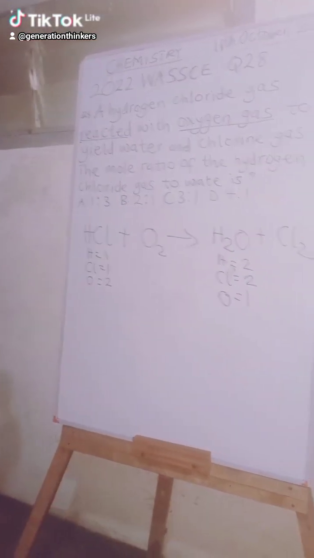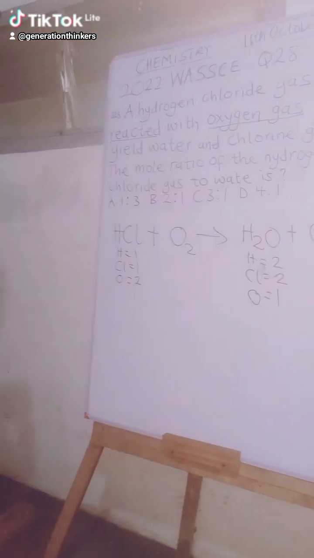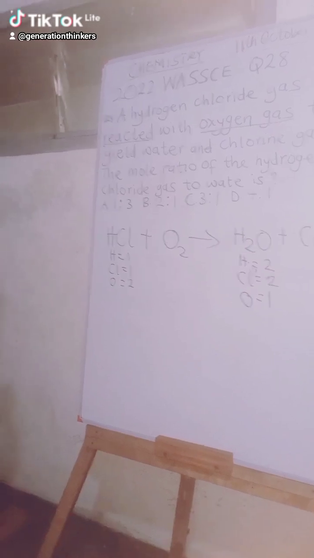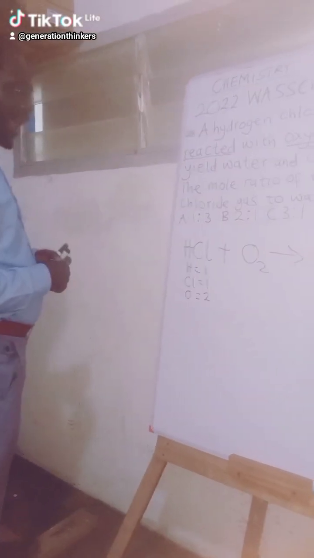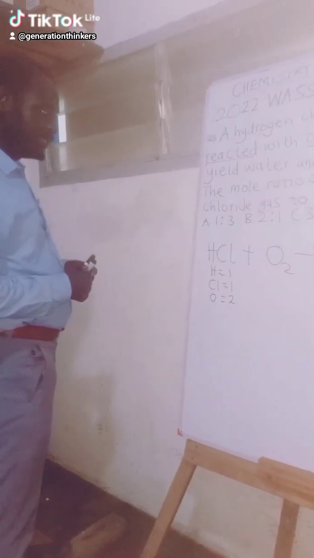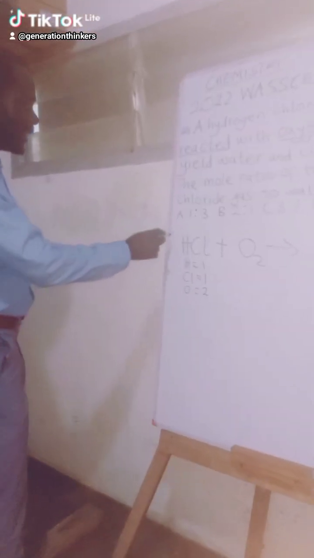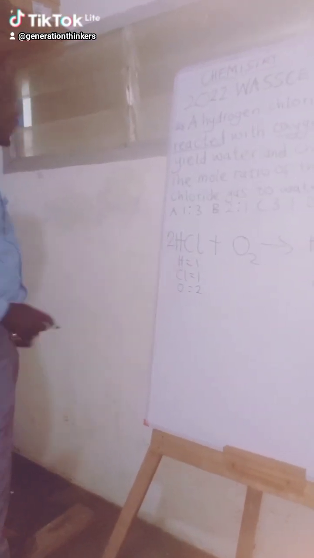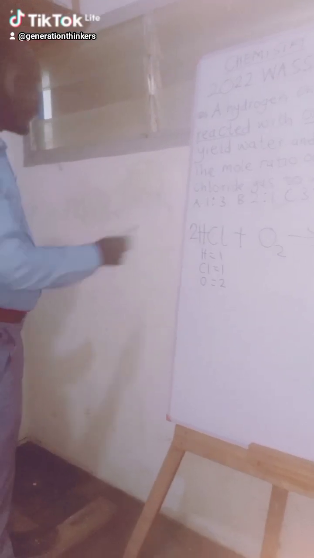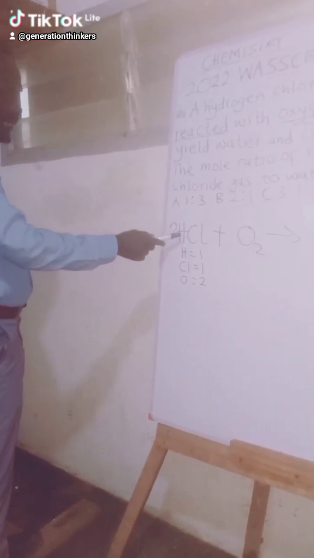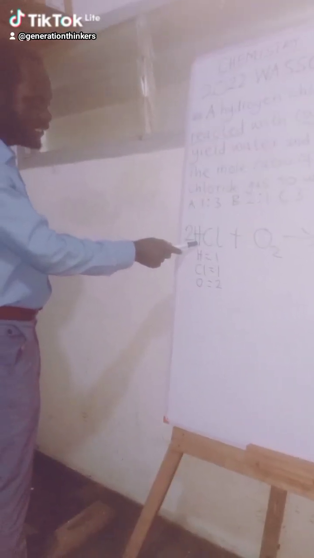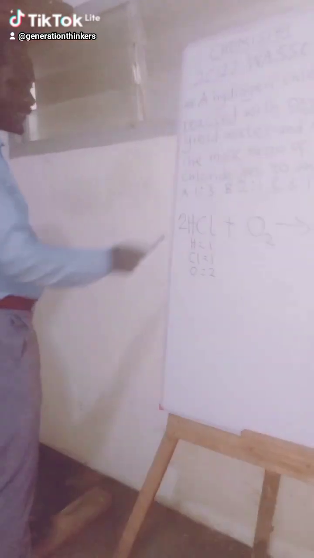So let's balance the equation together. Now, we want to balance the hydrogen and chlorine together, separately from the oxygen. So I will place 2 in front of hydrogen chloride. Now if I place 2 here, the 2 affects the H and at the same time affects the Cl.